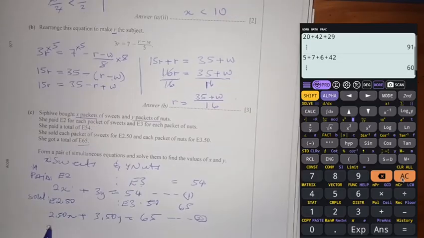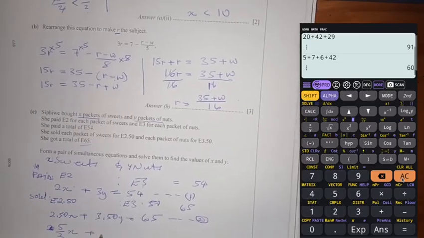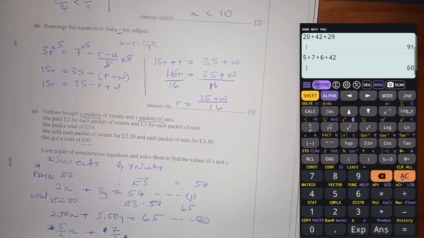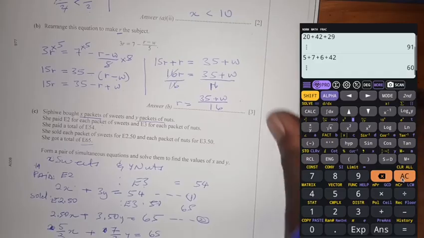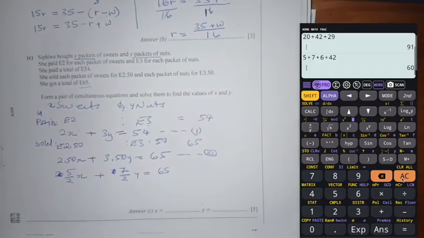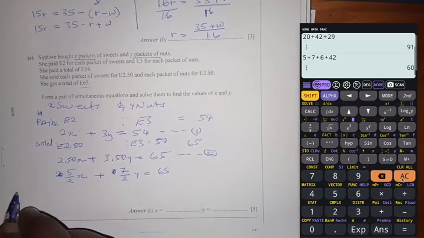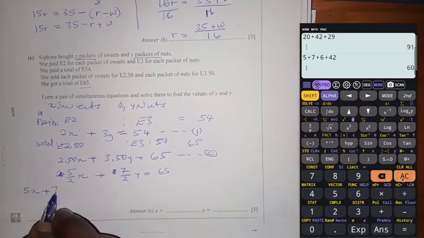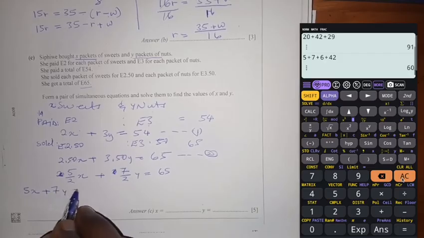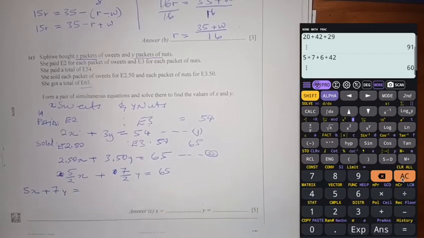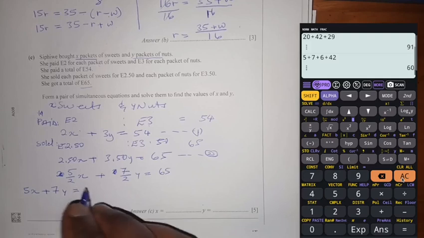So this one, it's 5 over 2 x, and 7 over 2 y equals 65. So if we were to multiply this one throughout by 2, just to get rid of the fraction first, we are getting 5x plus 7y equals, this times 2 is 130.